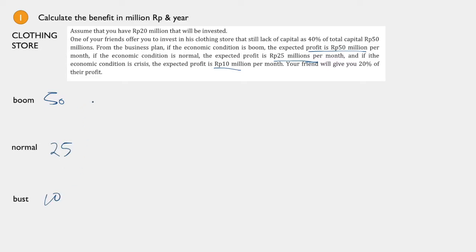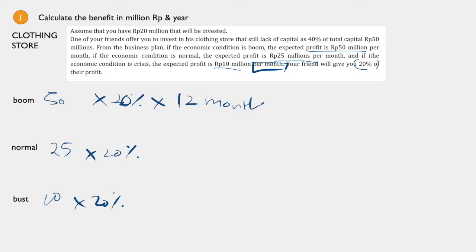And we will only receive 20% of the profit, so we multiply by 20%. And these profits are counted per month. Meanwhile, we were asked to count on a yearly basis, so we have to multiply by 12 months.